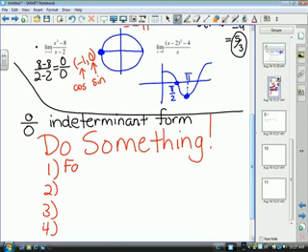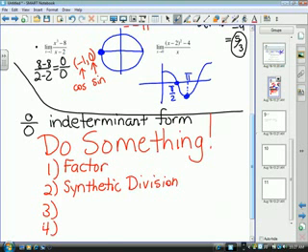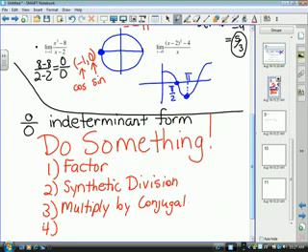The first do something is to factor. If that doesn't work, you sometimes can do synthetic division. If that doesn't work, sometimes you multiply by the conjugate. If that doesn't work, sometimes you multiply by the common denominator.